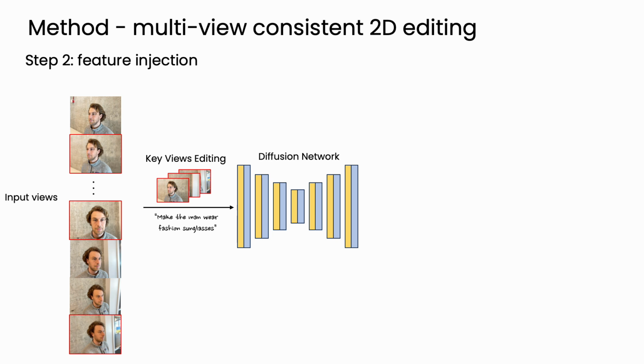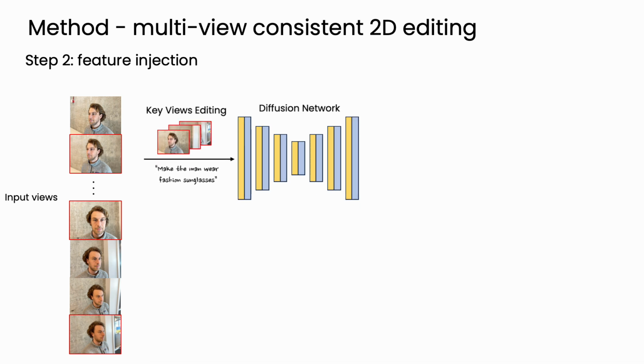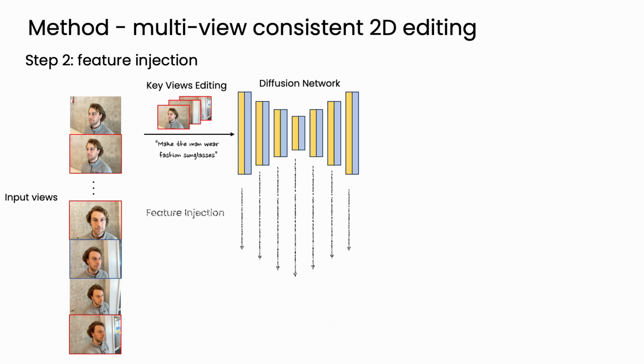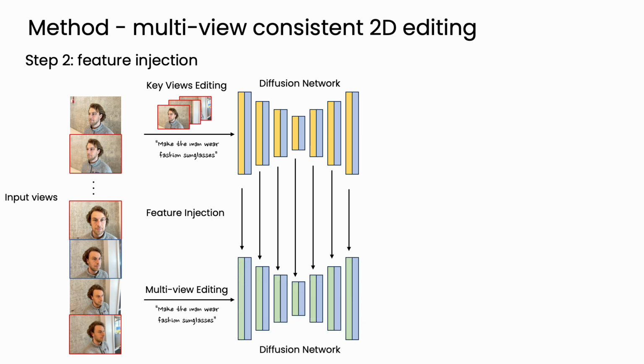After editing the key views, we go to the second step, which injects the features from the key views to other views. We take out the self-attention values from the key views and inject them into the self-attention layers of the other views.